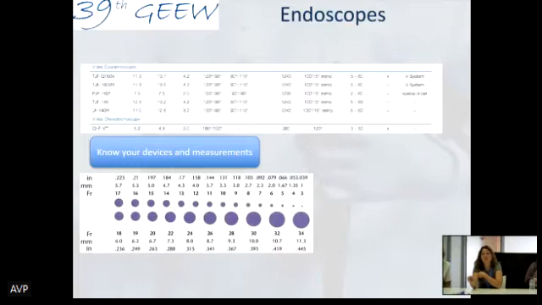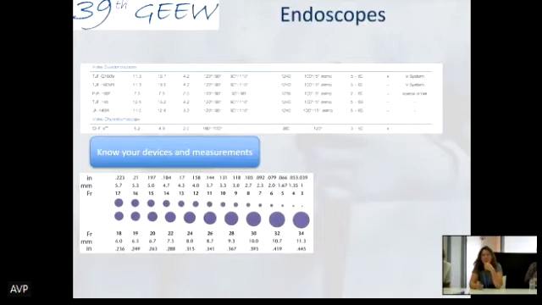I remember when I was a very young doctor, Sonia taught me that one French is 3 millimeters. So you have to know if you're talking in French or in millimeters or in inches. Usually the guide wires are in inches, but the devices are in millimeters or in French.